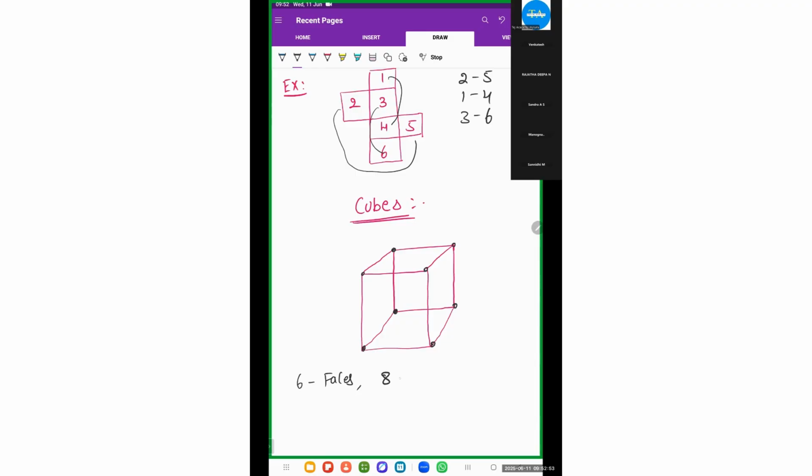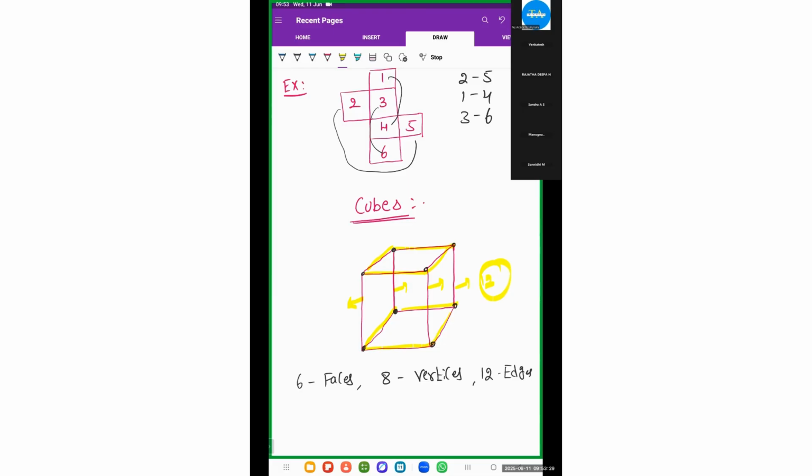And 12 edges: 1, 2, 3, 4, 5, 6, 7, 8, 9, 10, 11, 12. So a cube has 6 faces, 8 vertices, and 12 edges.